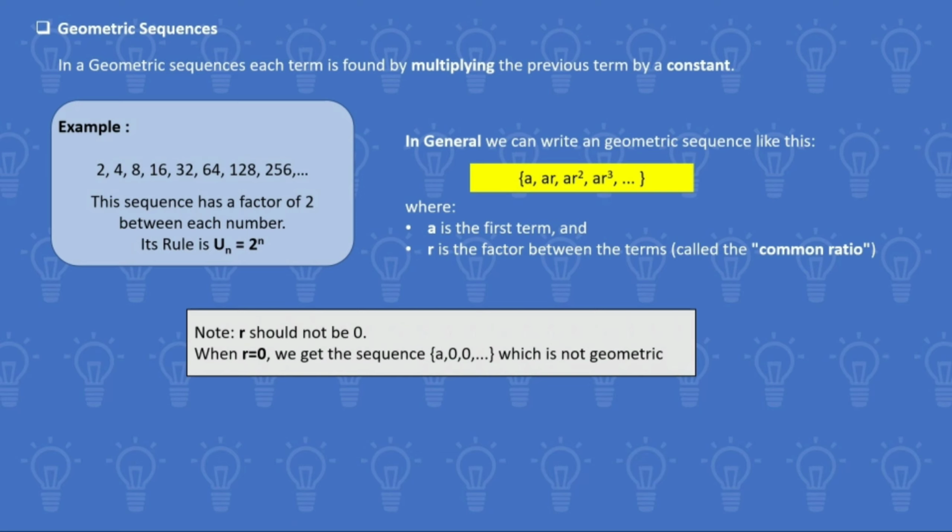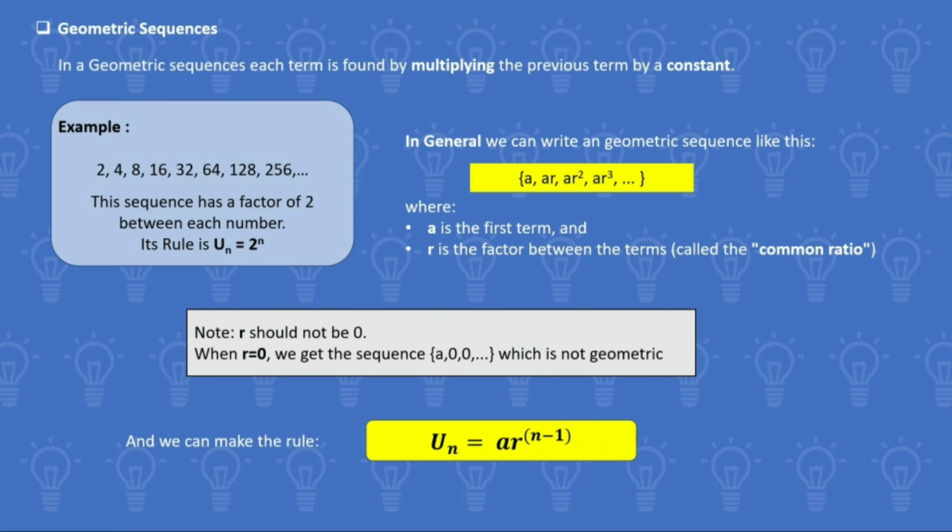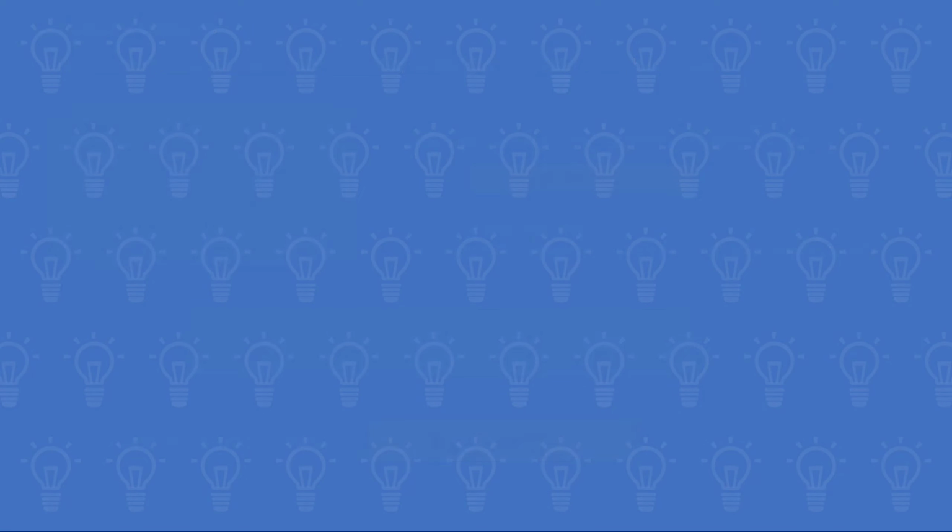As a note, r should not be 0. When r is 0, we get the sequence a, 0, 0, and so on, which is not geometric. And we can make the rule un equals ar to the power of n minus 1.